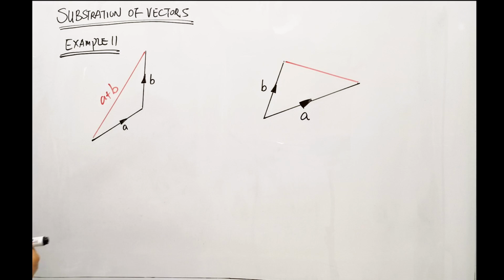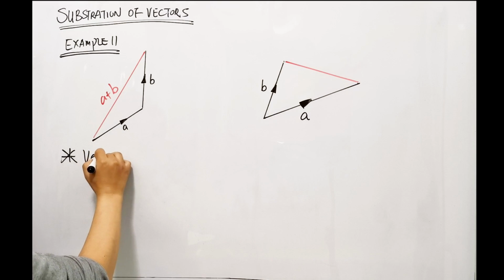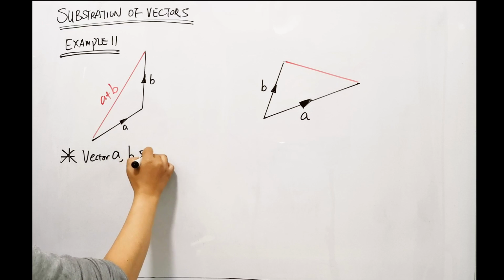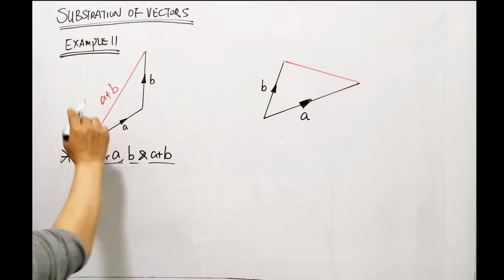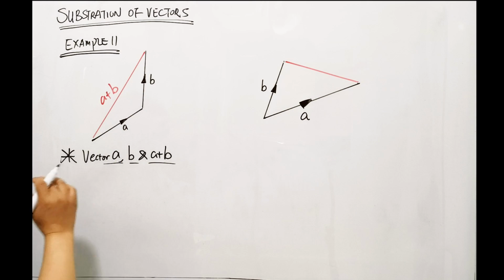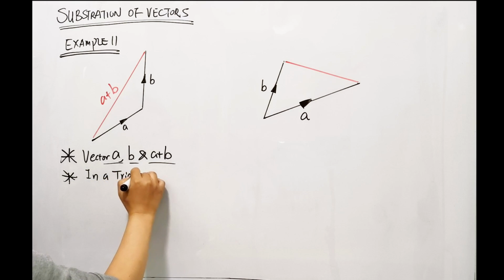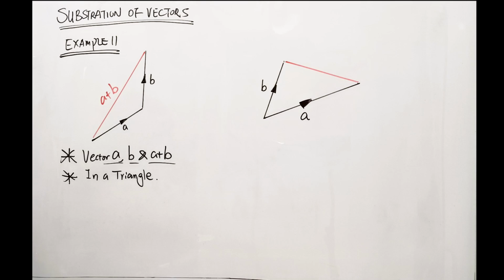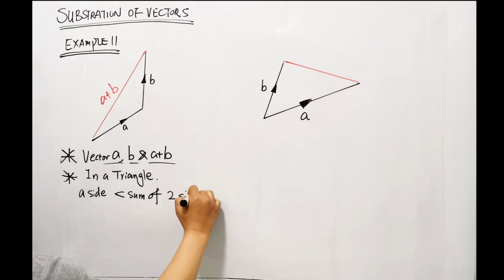There are two. Let's say we have one triangle formed by vectors A, B, and A plus B. So these 3 vectors form a triangle here. So here we will know that in a triangle, a side of the triangle must be less than the sum of the other 2 sides, right?